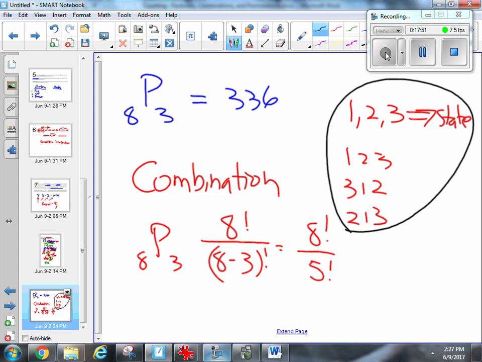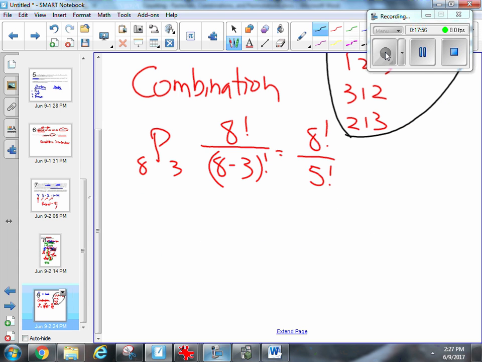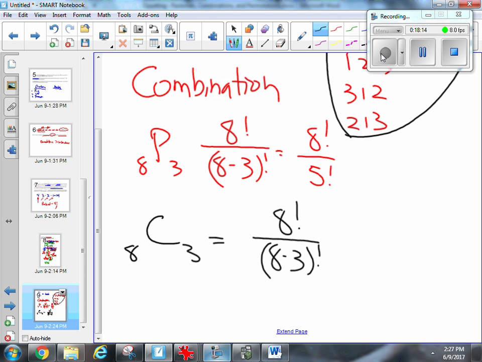So my combination of 8 runners 3 at a time is going to be the same as my permutation, except since I don't really care about the orders of 1, 2, and 3. I don't care whether it's 1, 2, and 3, or 2, 3, and 1, or 1, 3, and 2.